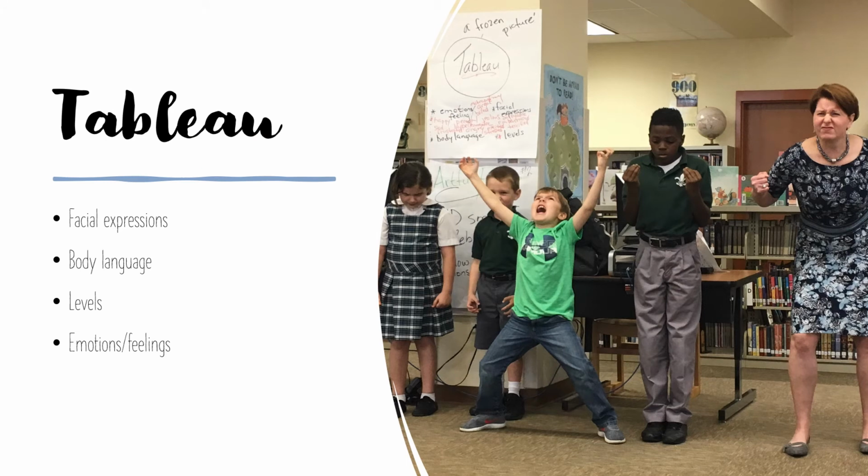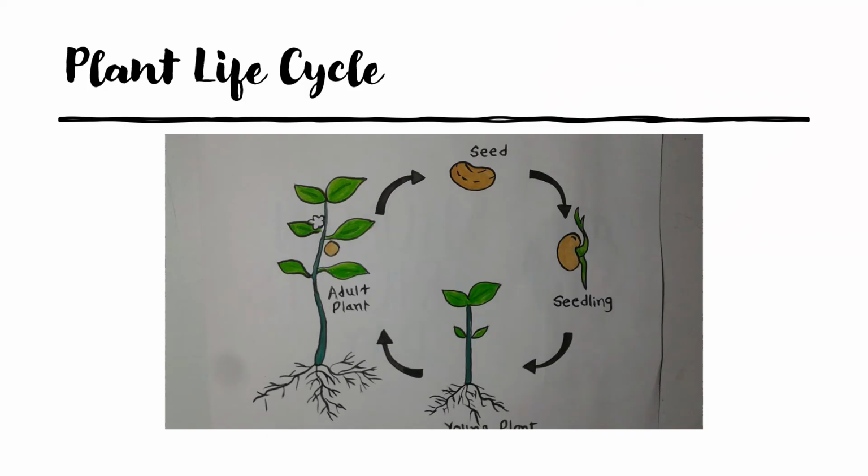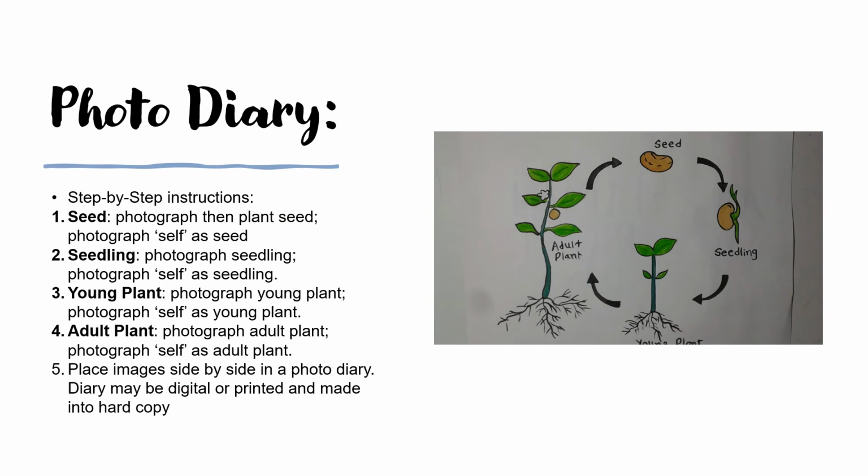Facial expressions, body language, levels, high, medium, low, emotions, and feelings. So, with the plant's life cycle, you have the seed, seedling, young plant, and adult plant.